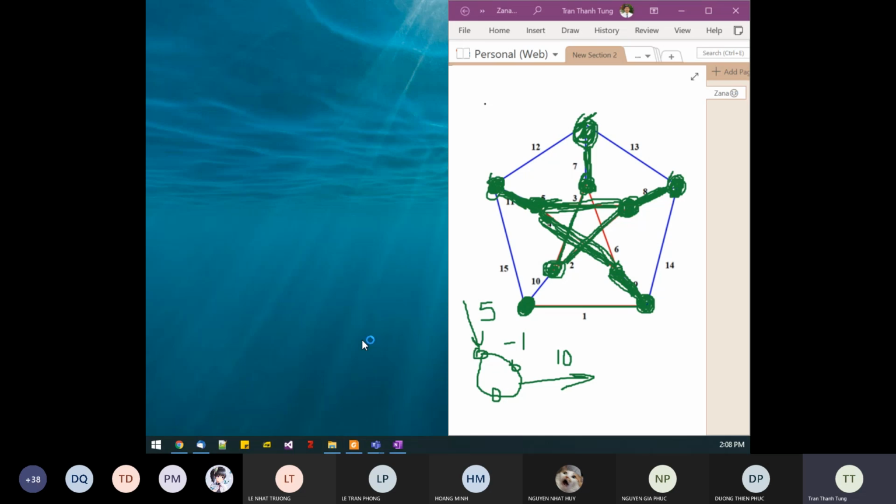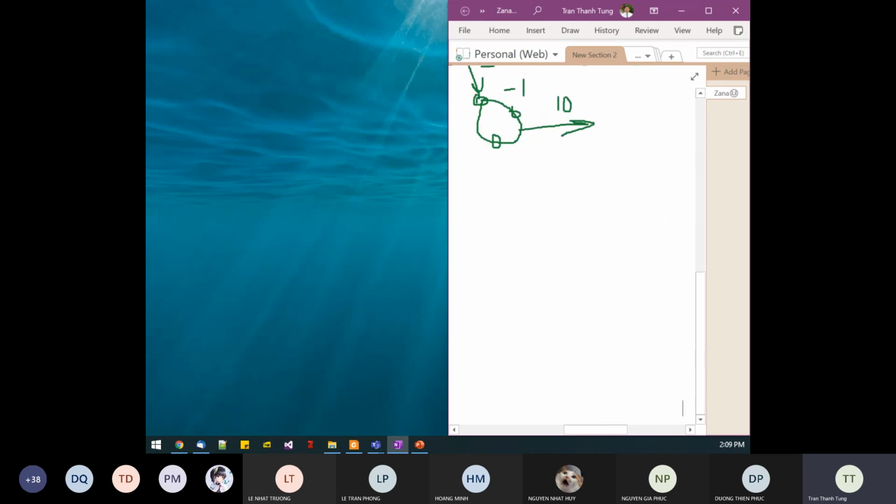Okay, maybe this one. I'll take this figure and put it here. Where is it?